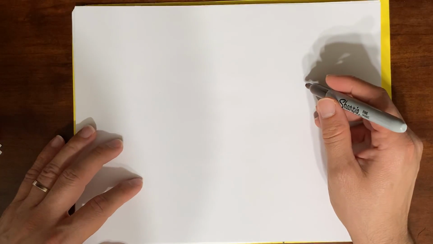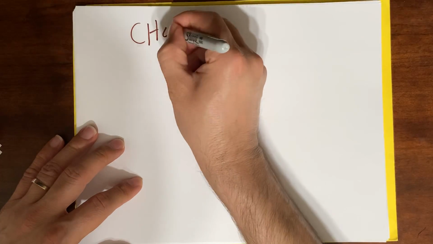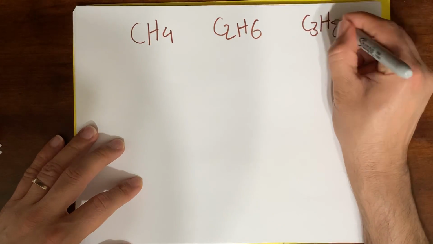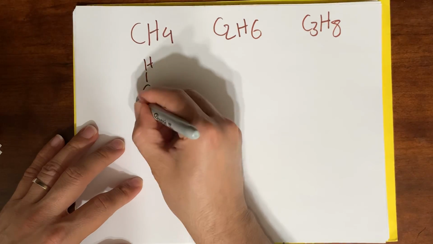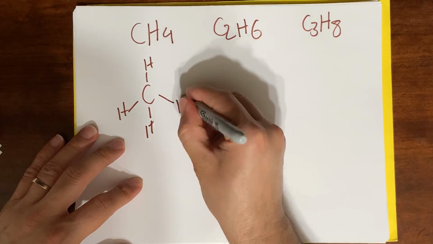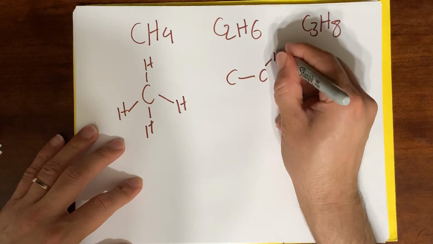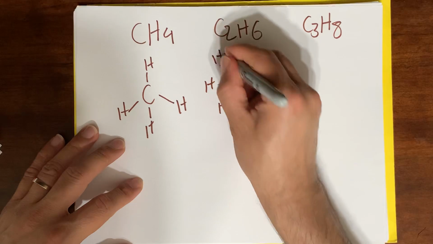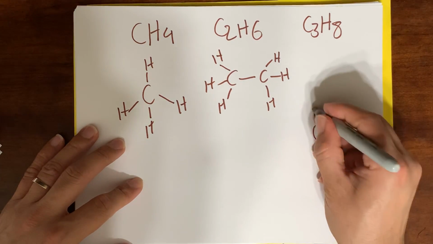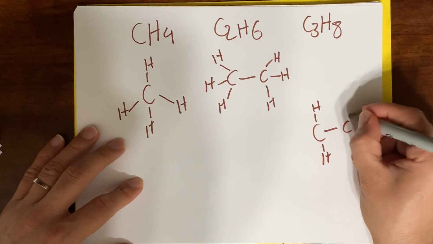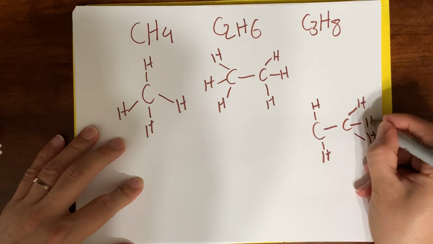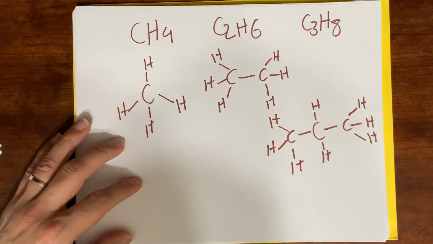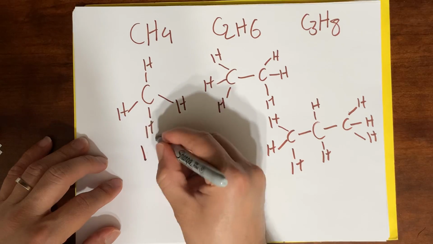One more about the molar mass and size. You have CH4, C2H6, and C3H8. Molar mass for methane is around 16.